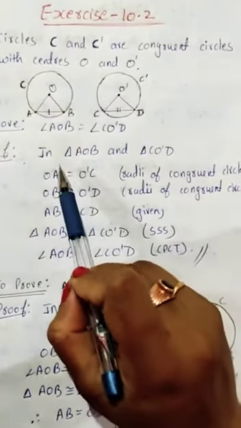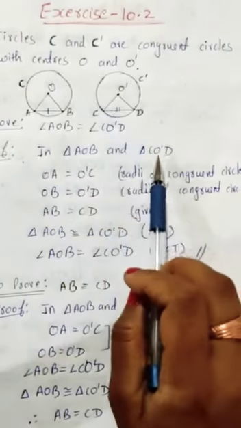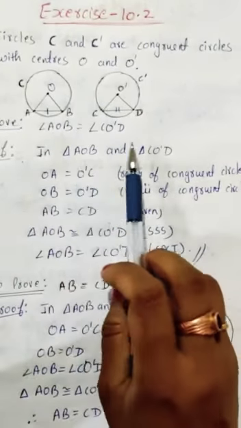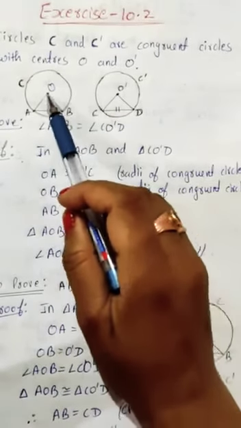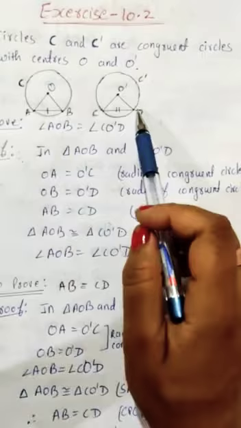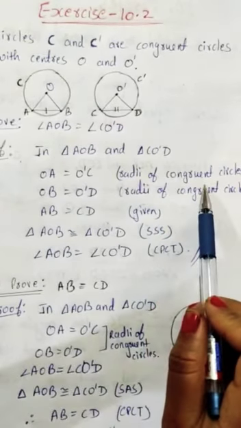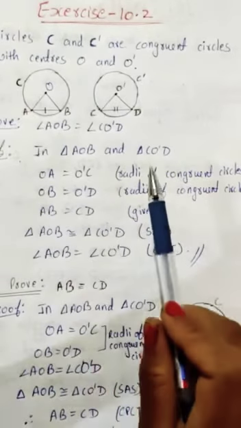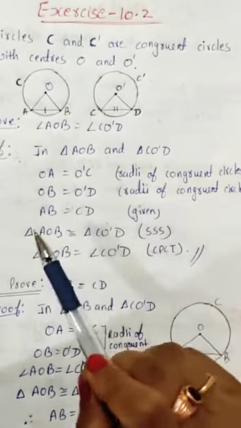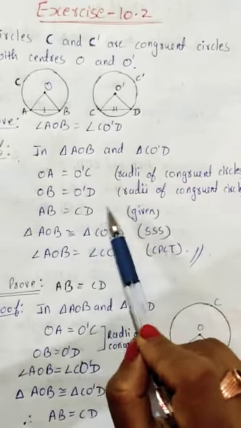So we'll basically start with triangle AOB and triangle CO'D. In these two triangles, OA is equal to OC and OB is equal to O'D. Reason for these will be radii of congruent circles. Like the two radii of one circle are the same, if two circles are congruent, that means the radii are equal. Then AB is equal to CD, given to you.